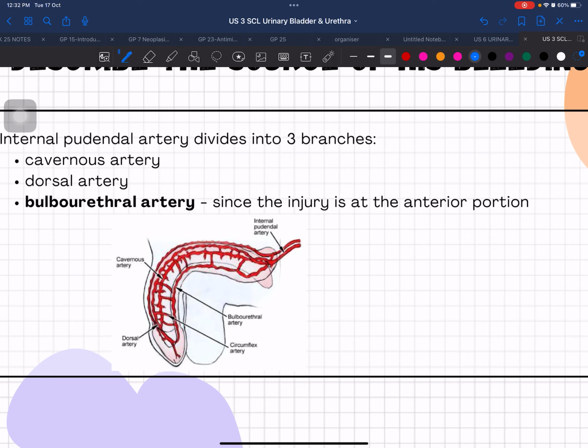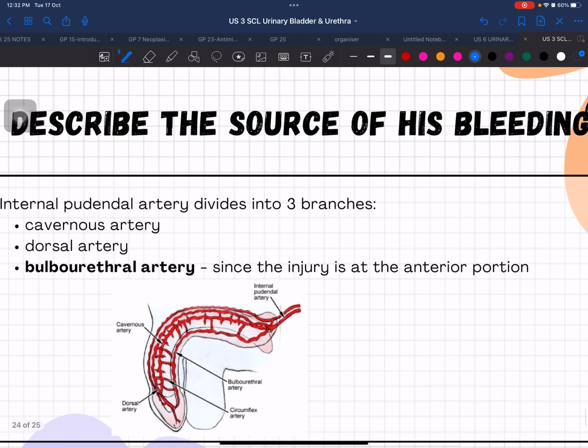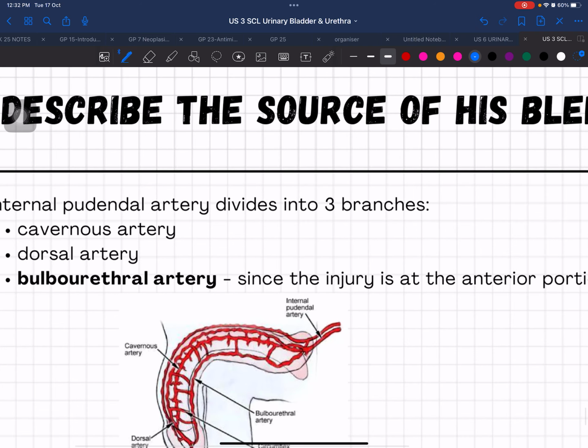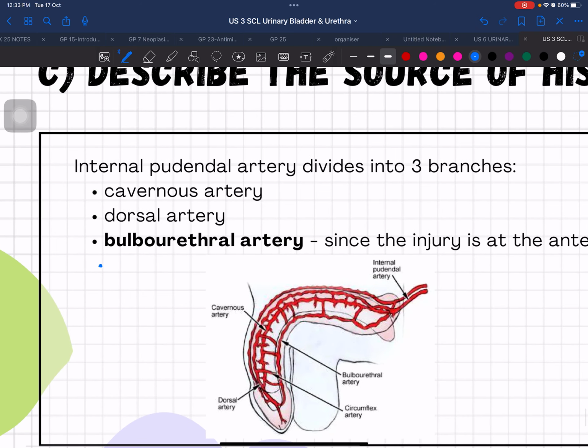Because the question says here, describe the sources of this bleeding. So it can be from any of the arteries. First it can be from the prostatic artery, the inferior vesical, the middle rectal artery, or branches of the pudendal artery. Even the pudendal, which one is it? Internal or external? Internal pudendal artery.